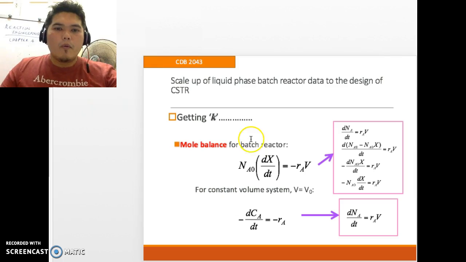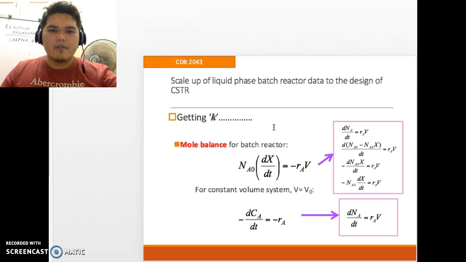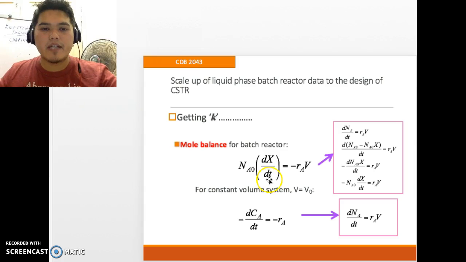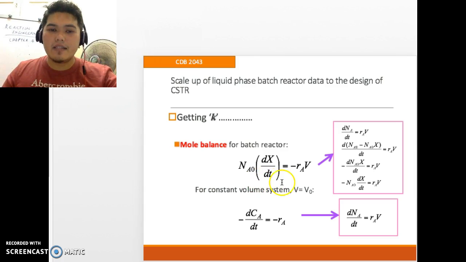So, when we want to get the K value, this is very important, okay? In order for us to get the K value and to scale up the reactor, the first thing that we need to master is the mole balance, okay? For example, we know that in a batch reactor, there is no in, there is no out.